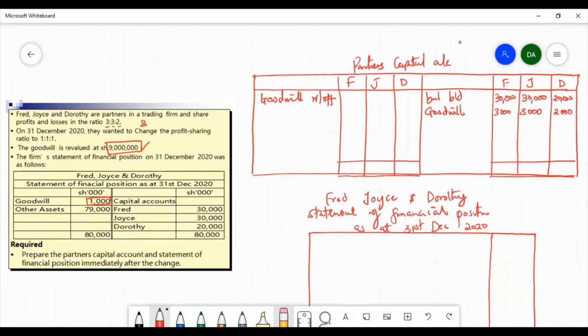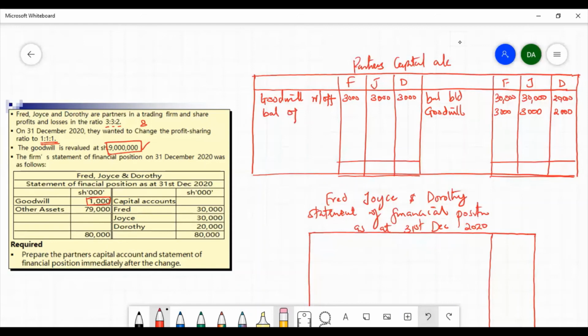Therefore, 9 million will be shared among the 3 partners in the new profit sharing ratio. The new profit sharing ratio is 1 to 1 to 1. That means the 3 partners share goodwill equally: 3 million, 3 million, and 3 million.